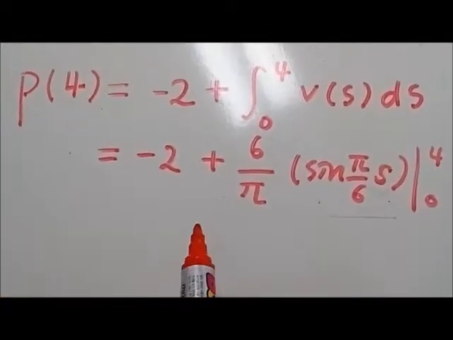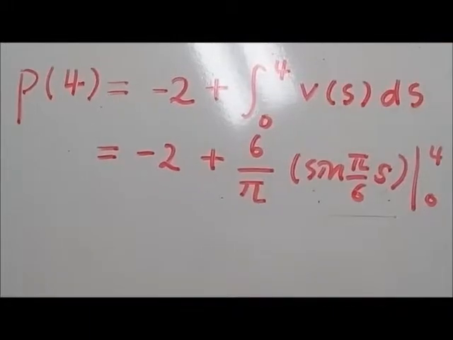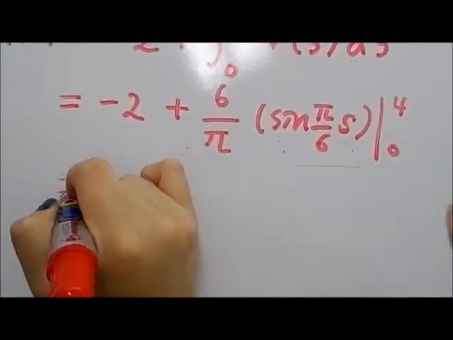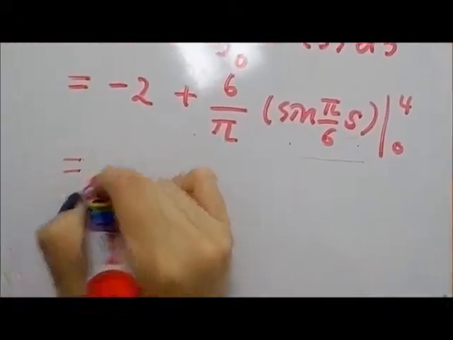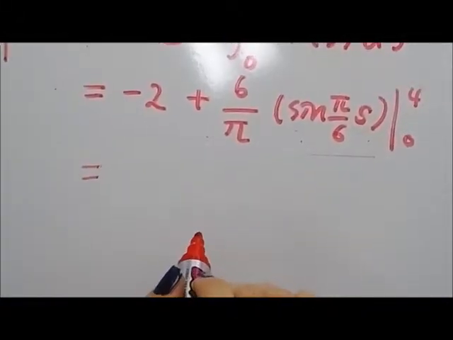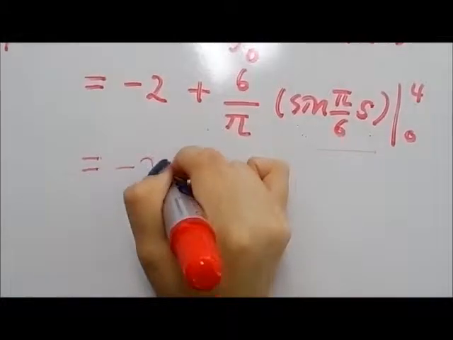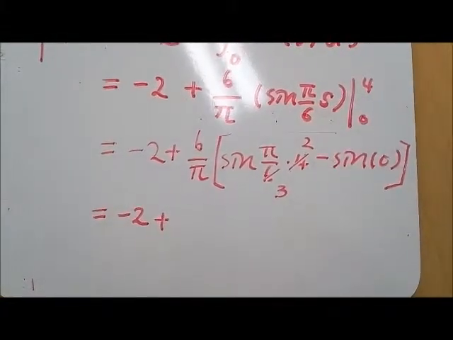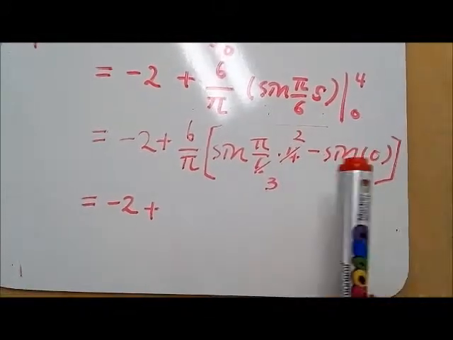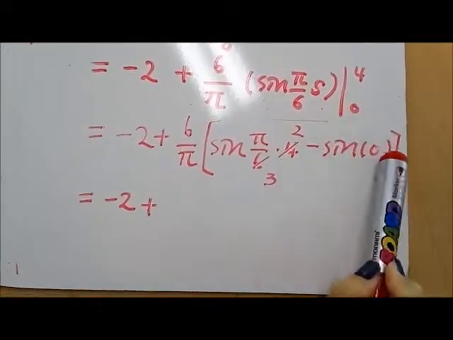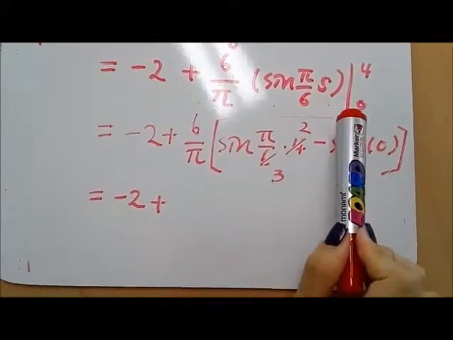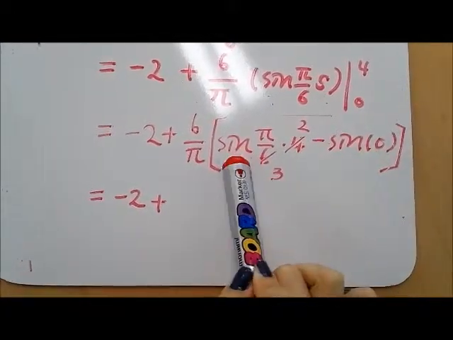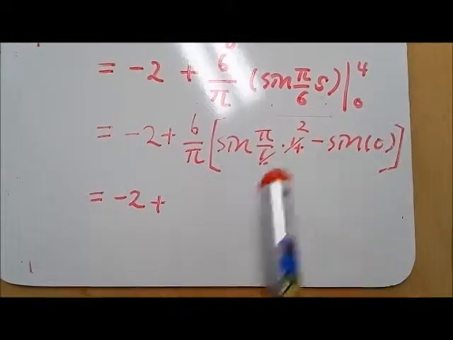When we antiderive it, it would become this. And the chain rule is used here, which would yield 6/pi. We have to substitute 4 for s and 0 for s, and we have to subtract the value of sine pi/6 multiplied by 0 from sine pi/6 multiplied by 4.